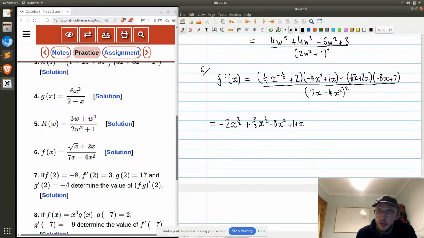Then that's x to the half. So that'll be minus 8x to the 3 over 2. Outside minus, inside minus 16x squared. Last.